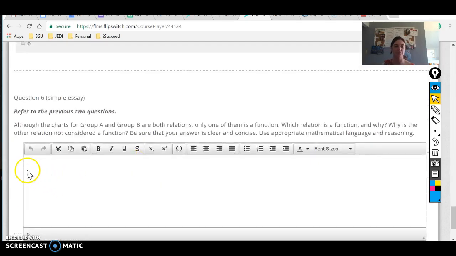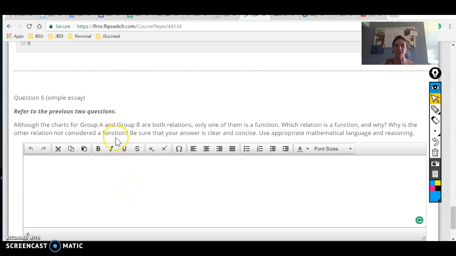If we go down here to question 6, it says, although the charts for group A and group B are both relations, only one of them is a function. Which relation is a function and why? Why is the other relation not considered a function? Okay, well, remember, if you're going to have a function, you can only have one value of y for each value of x.